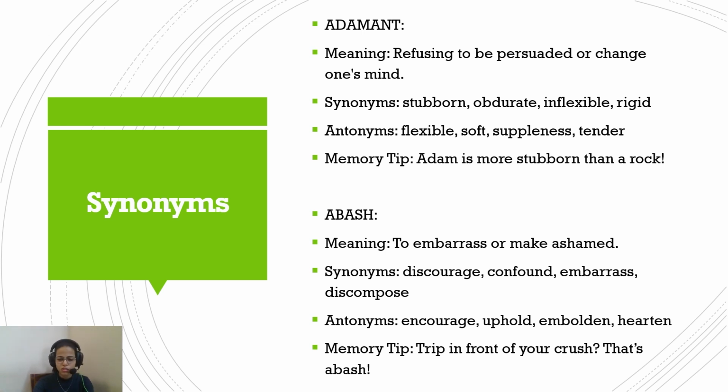Haughtiness was one of the synonyms. I have also forgotten. The word was audacity. Right. If you want to go around Audi in the city, you have to be bold. So yeah, audacity. Abash, the antonyms would be to encourage, uphold, embolden, hearten.